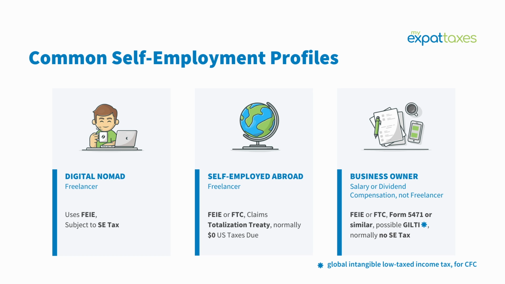If you're a business owner, you have a corporation, you are going to be reporting your salary or dividend as it is. Salary is compensation, dividend is dividend. I don't know how to make that more simplified.